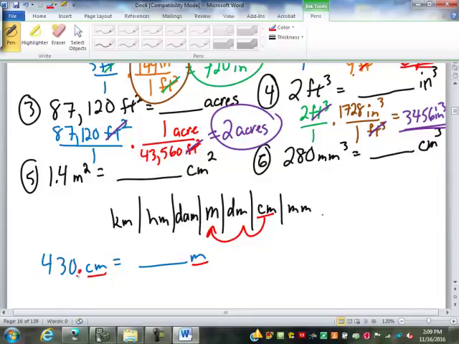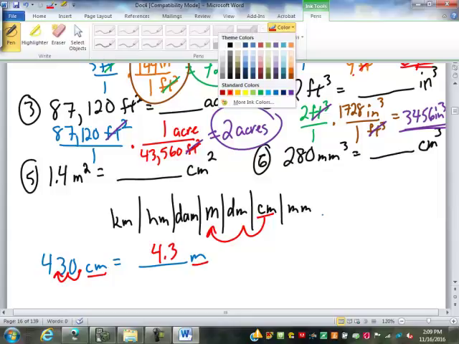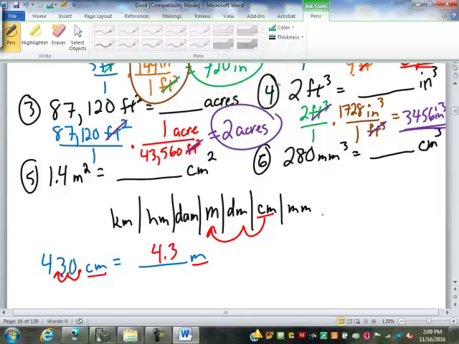So the decimal point in our number moves 2 spots to the left to get from centimeters to meters. 4.3. The reason that worked, if you recall, is because every position on the chart was either multiplying by 10 or dividing by 10. If we're going to the left, we're dividing by 10. If we're going to the right, we're multiplying by 10. And when you multiply or divide by 10, it just moves the decimal point one place.